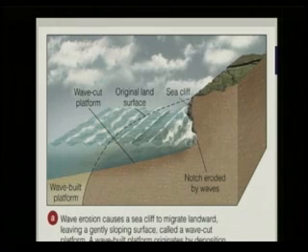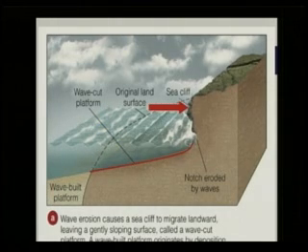So you can see the sea cliff that's residing on the right-hand side of that diagram, and what's happening is that the force of the water is eroding that wave-cut platform. As the sea cliff retreats, the wave-cut platform will grow. So the sea cliff is moving off in that direction, off to your right.